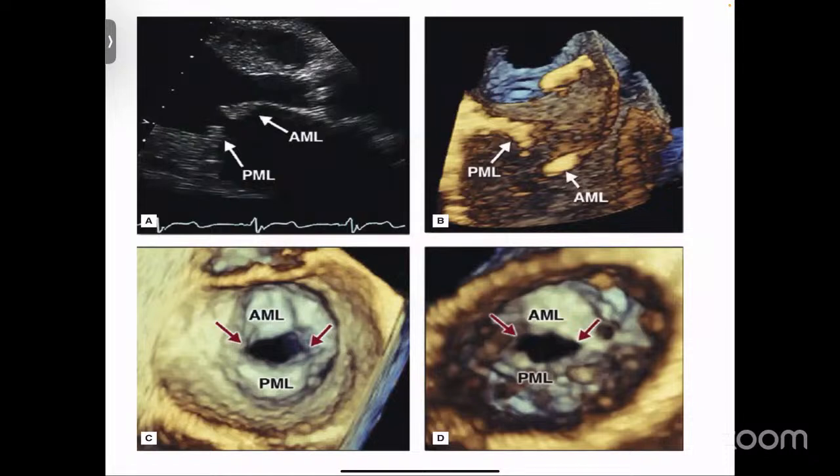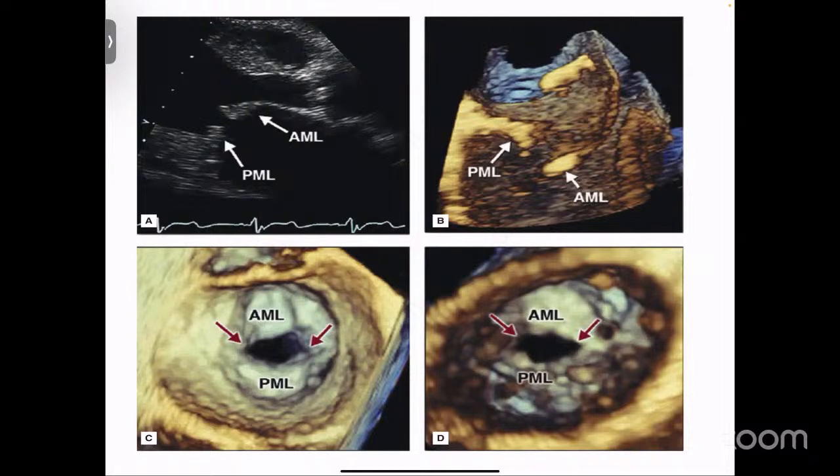This is an echocardiographic representation of the pathological changes in mitral stenosis. The left upper image shows a case of severe mitral stenosis caused by rheumatic heart disease, with apparent leaflet thickening.